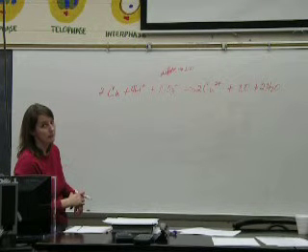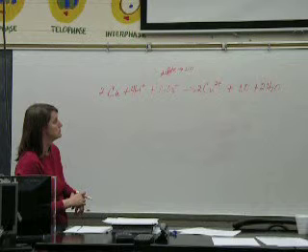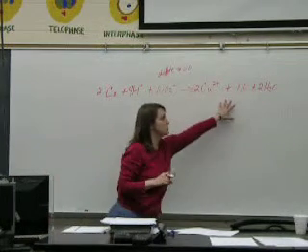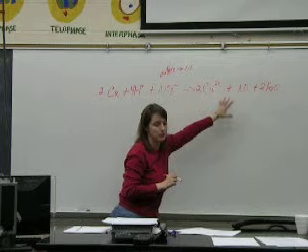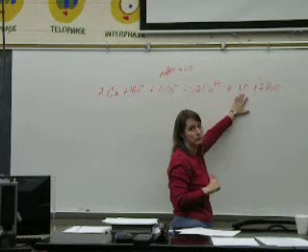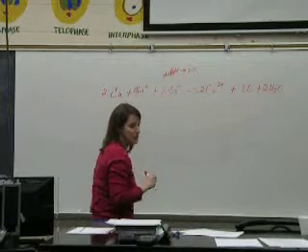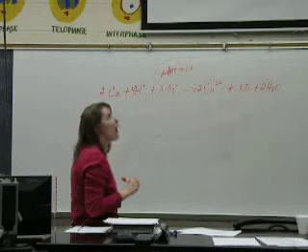Is it the nitrogen monoxide? No. There's a negative here, but there is no negative over here. This is neutral. So how do we balance the negative? We add a negative electron. I mean, not electron.